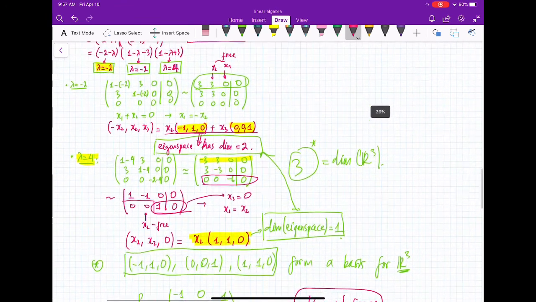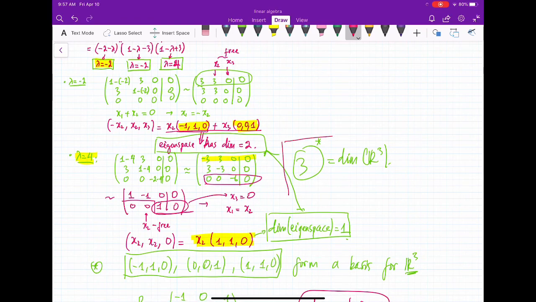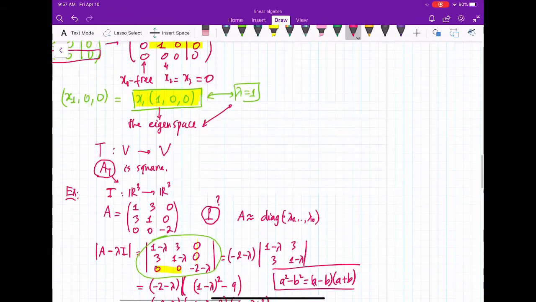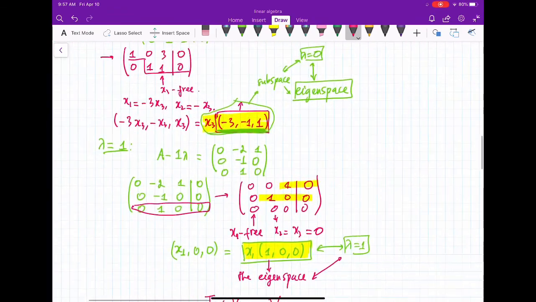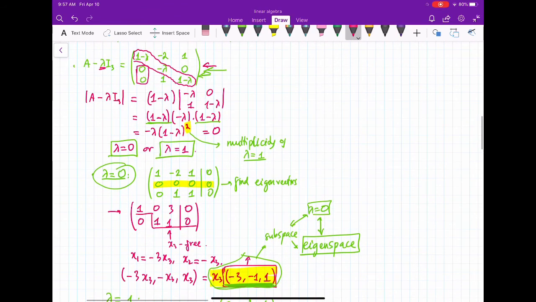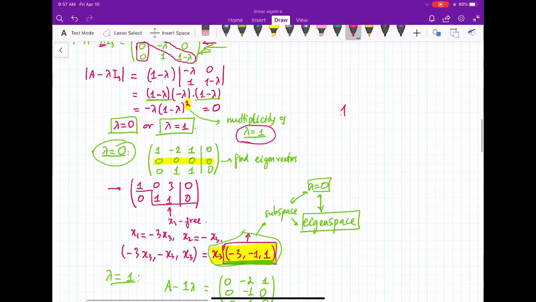That is about multiplicity and dimensions in here, right? So in the previous example right here, we know that the multiplicity of lambda 1 is 2, right? And the multiplicity of 0 is 1. So we have 1 plus 2 is 3.